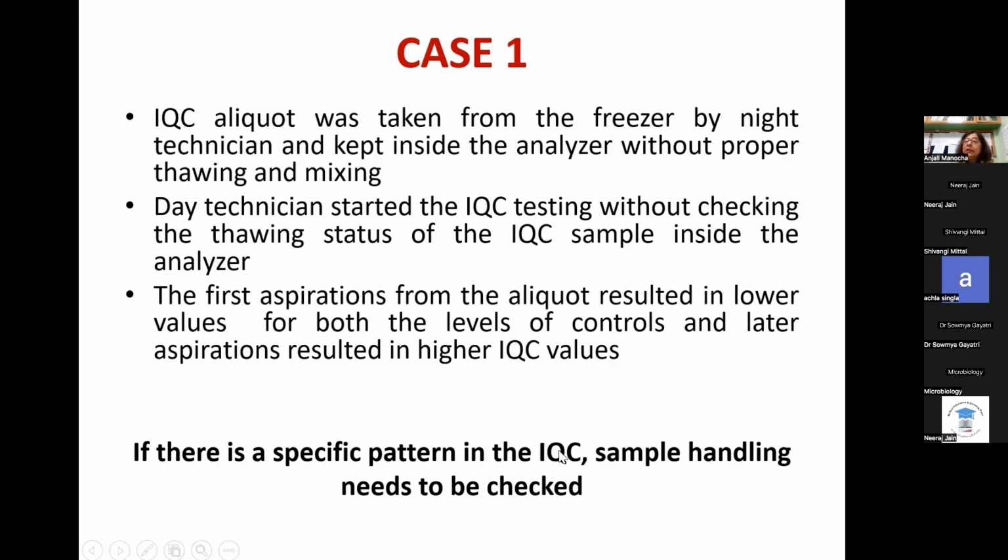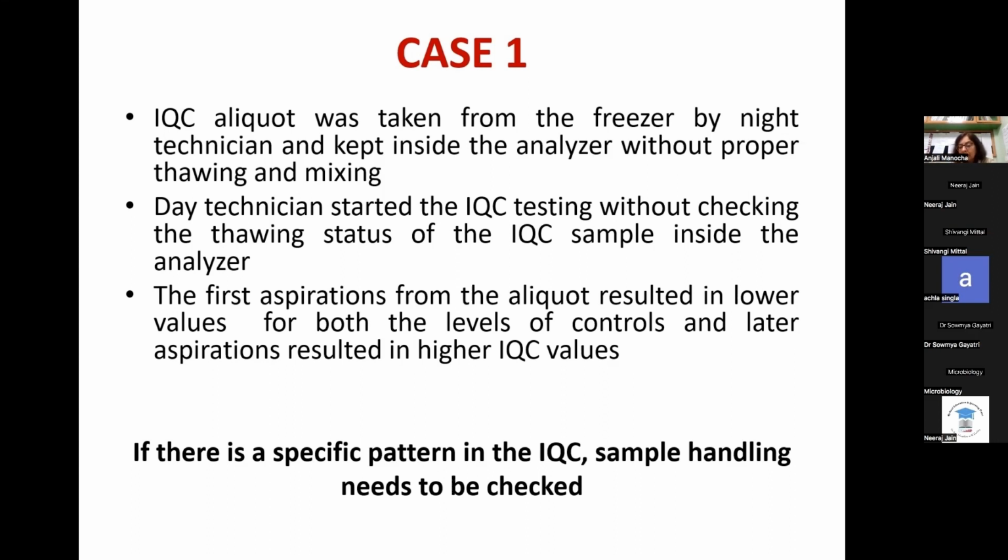If you're seeing that daily, then something is going wrong: every morning you find that this control is out, but the evening technician, when running, gets absolutely fine results because he's not going off duty. He takes it out, correctly thaws it, mixes it properly, and then runs the control.